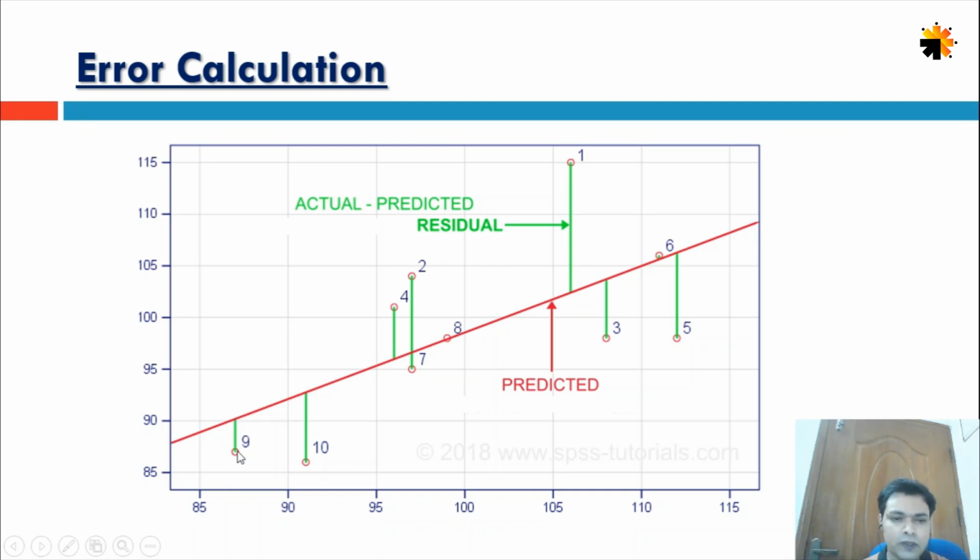If I take yi minus y hat, this is negative and this is also negative, but here this is positive and this is positive, this is negative, and this is almost on the line. So a few are on the positive side and a few on the negative side. This is just a visual representation of how we can calculate our error.